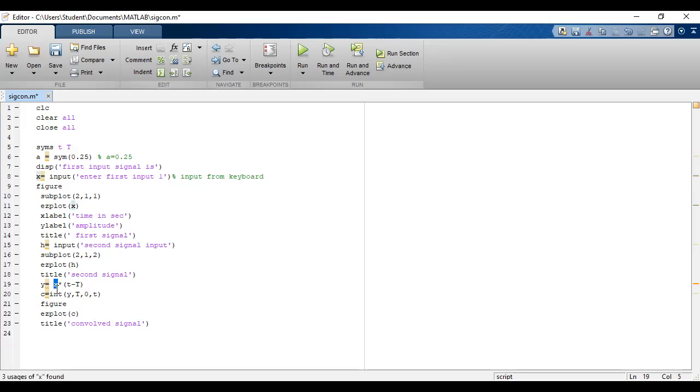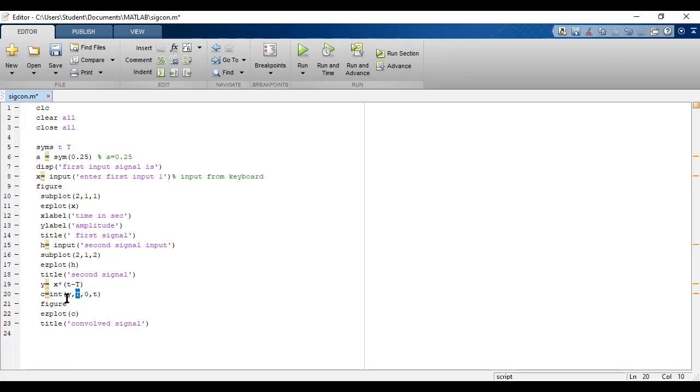So e power minus a tau I will be giving as the input, y comma capital T, 0 comma t. The limits for the integration are from 0 to t. I am integrating the function y with respect to capital T.